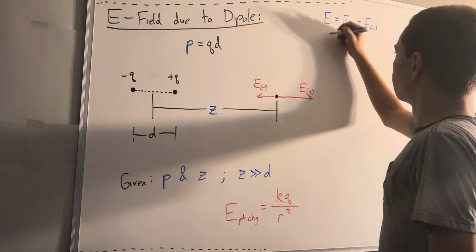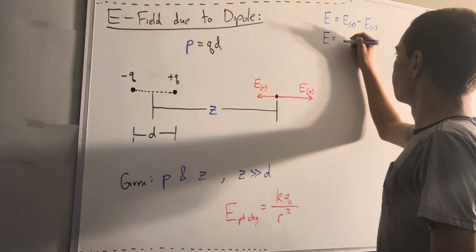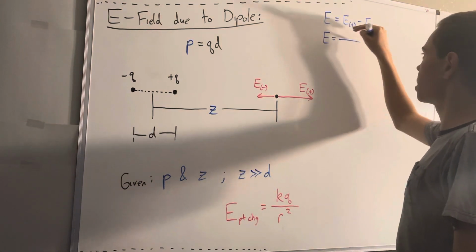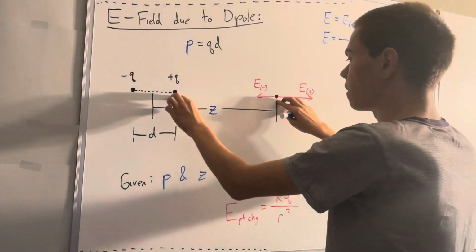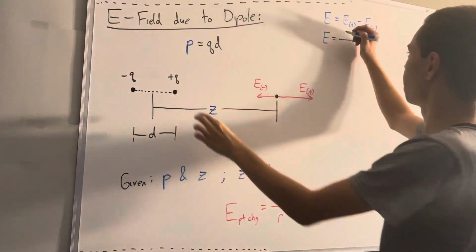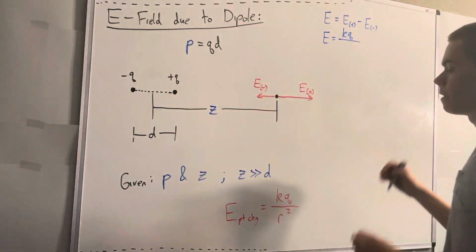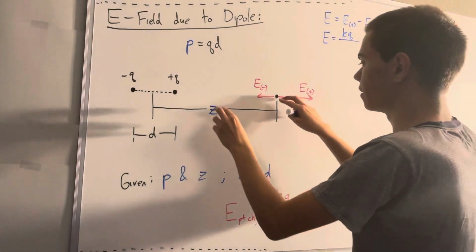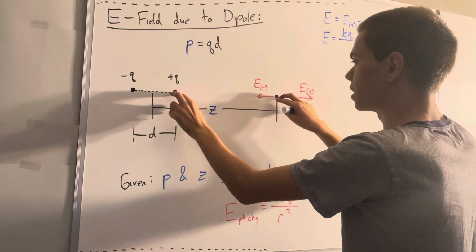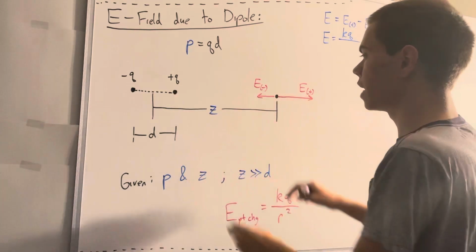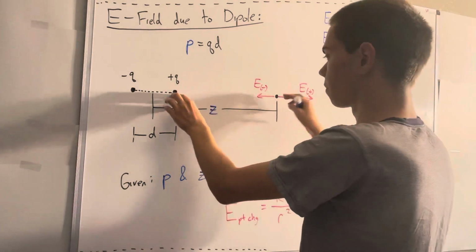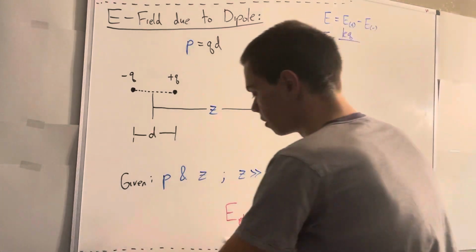For E positive, this is the electric field due to the positive charge. So we have kq, because our charge is q, divided by r squared, the distance to that positive charge squared. Here's how we have to think about the distance.